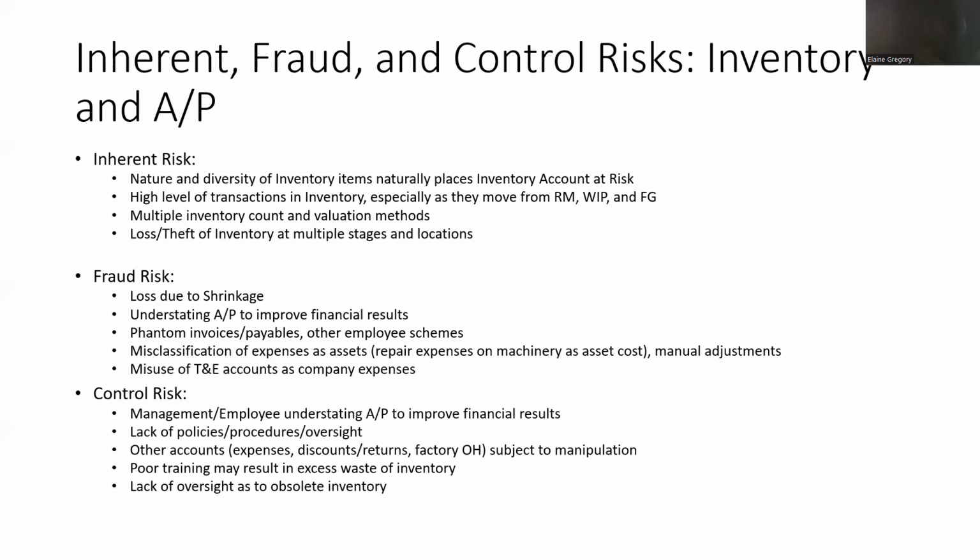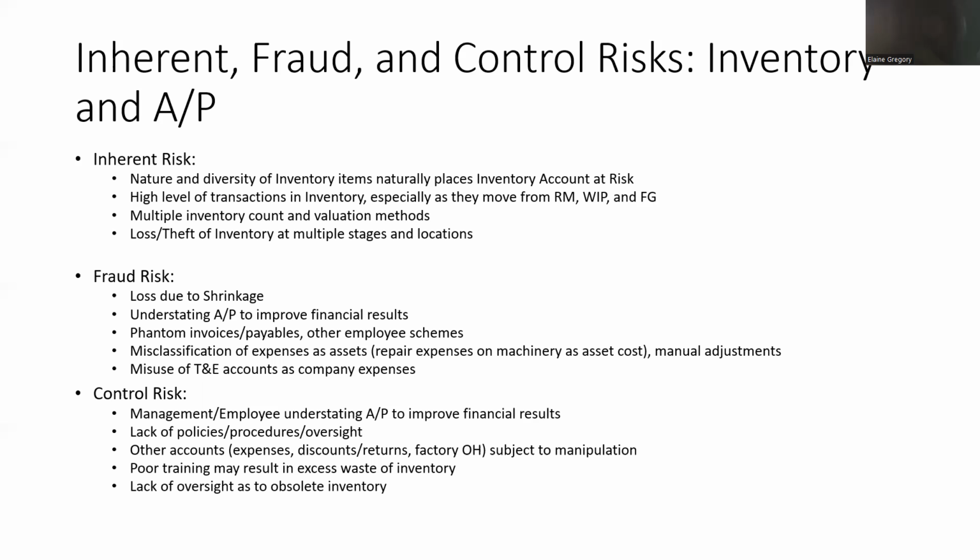Under GAAP, there are multiple inventory valuation methods, and there are different ways that inventory is counted, either under the periodic or the perpetual system. So you can see there could be loss, theft at multiple stages and locations.